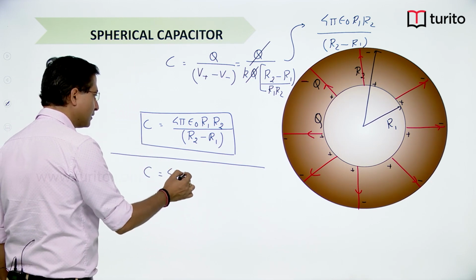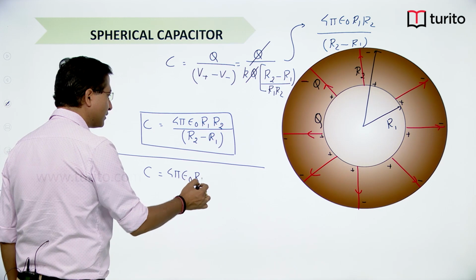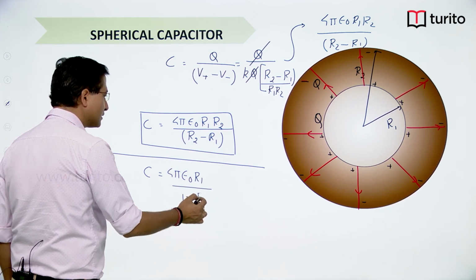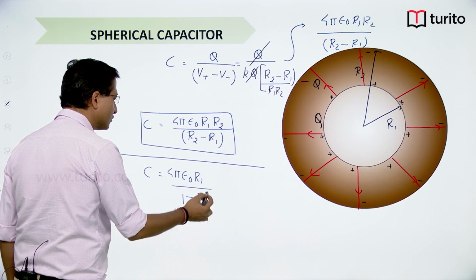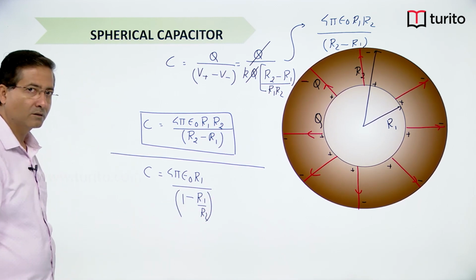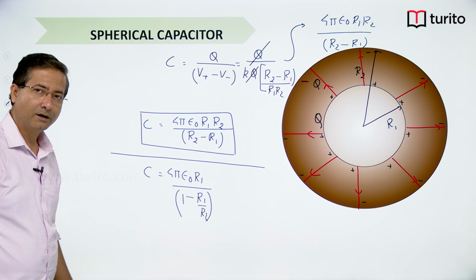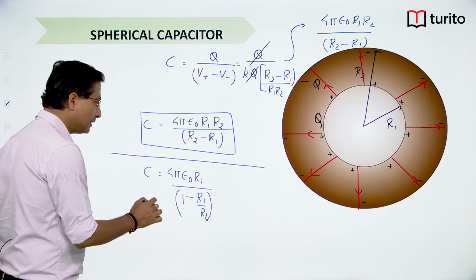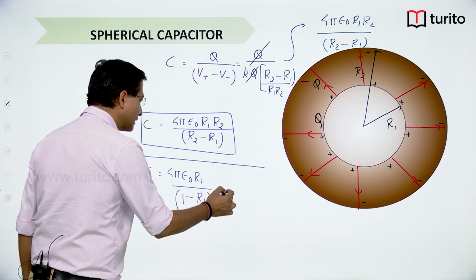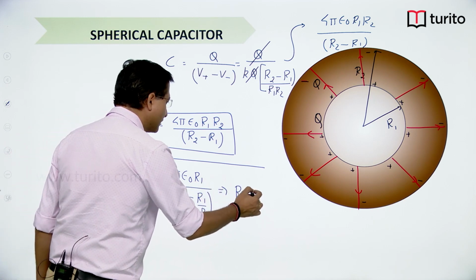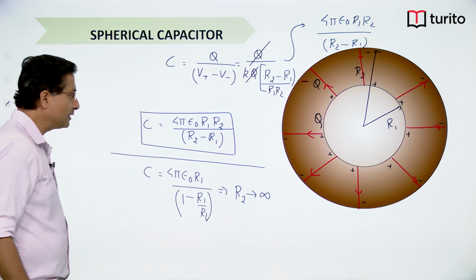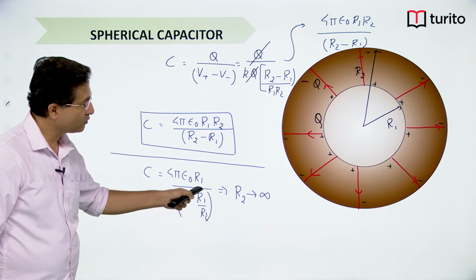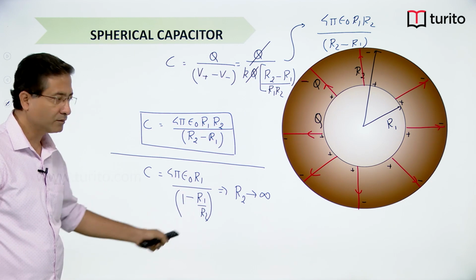4 pi epsilon naught R1 divided by, taking R2 out, 1 minus R1 divided by R2, right. Now, if R2 is tending to infinity, this R1 upon R2, this whole quantity, will be tending to 0.